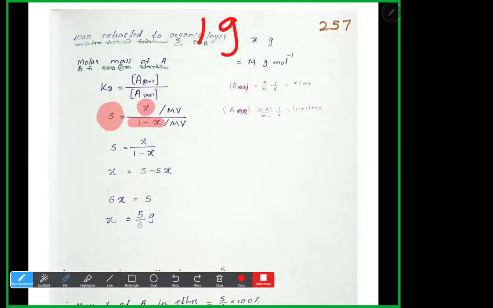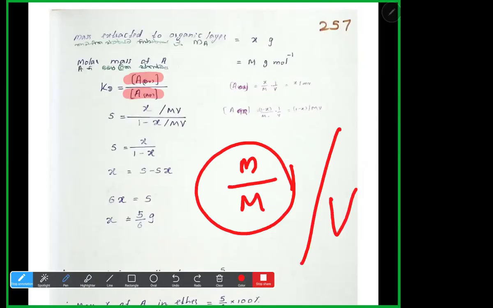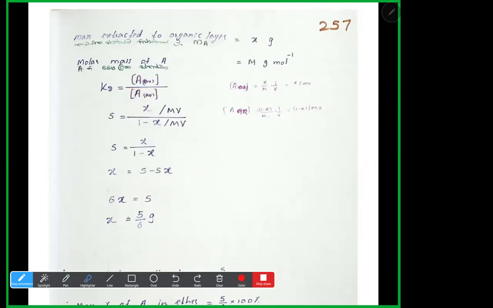But here we can play with grams, masses, because this is concentration. Mass divided by molar mass is the number of moles, and that divided by volume is the concentration. So we divide by molar mass and then by volumes. I'm not going to go with volumes for now.